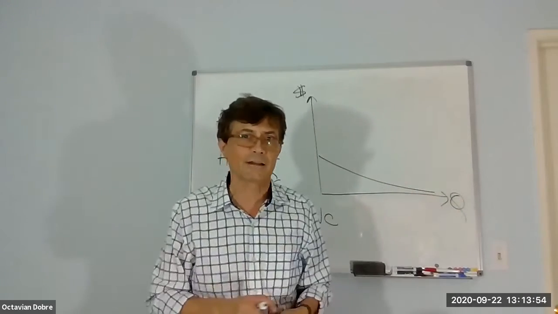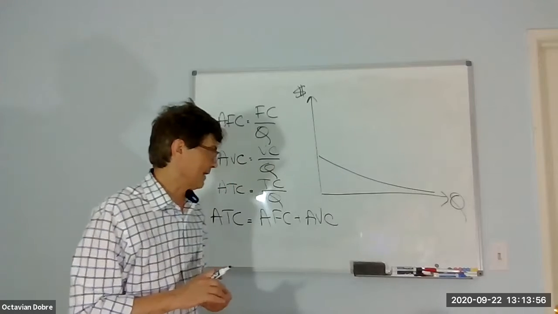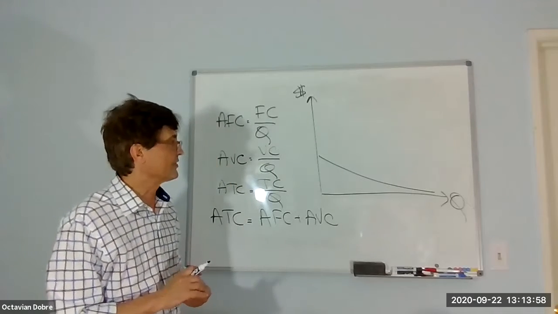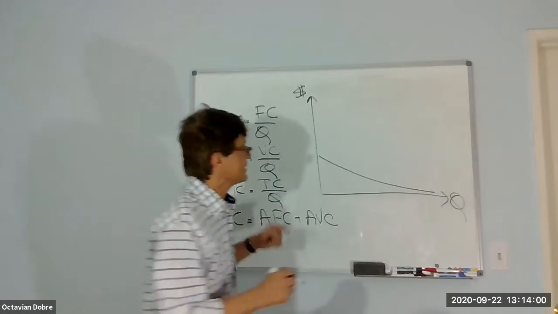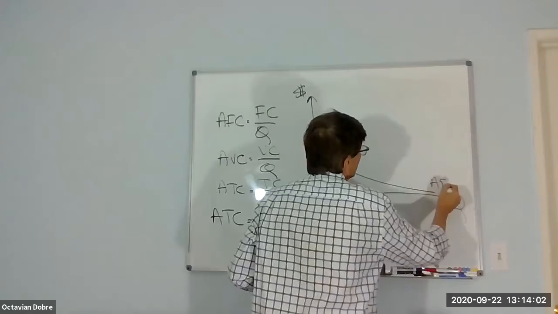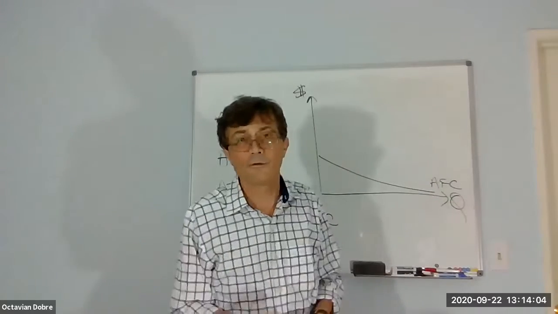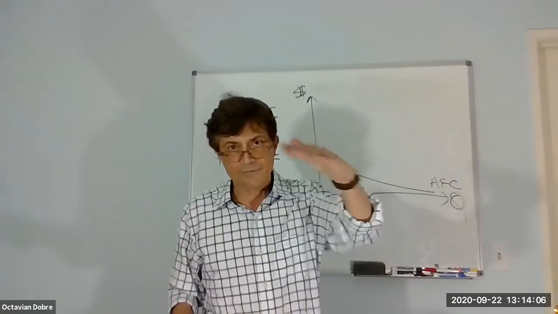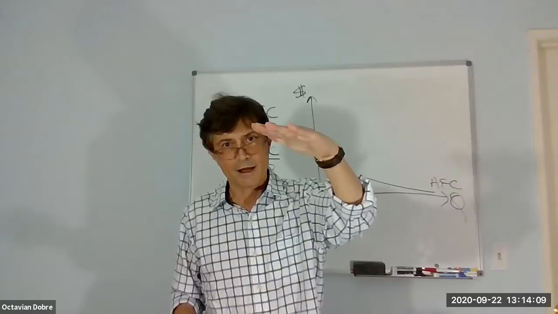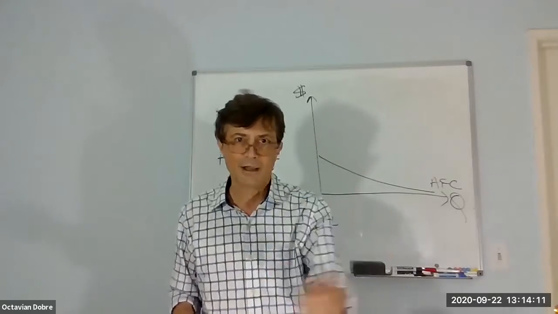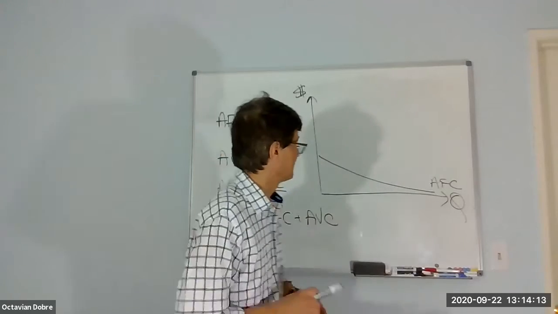It's going to approach the x-axis asymptotically. Okay. So this is the average fixed cost. Basically, it goes down, because you're dividing a constant by higher and higher numbers.